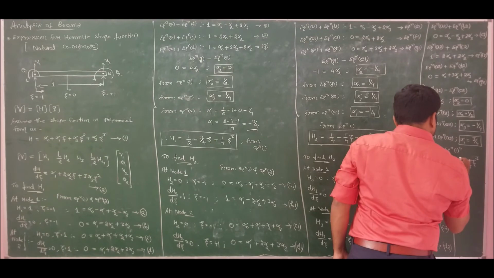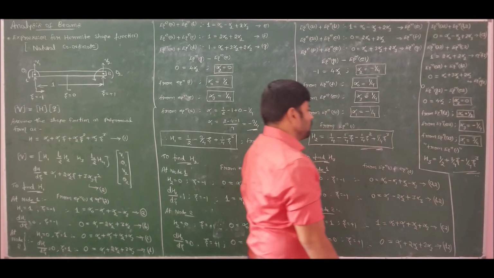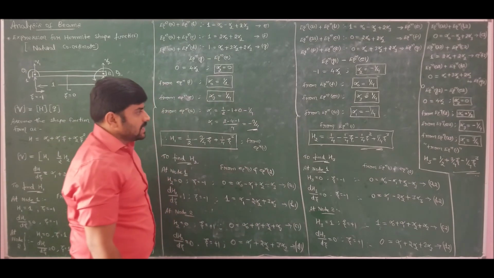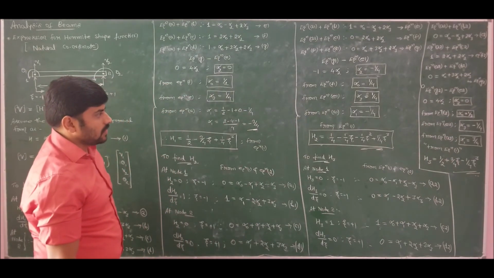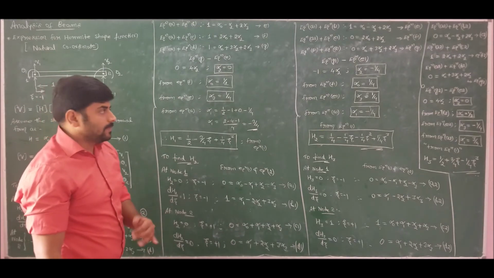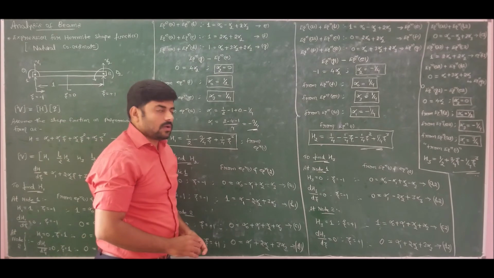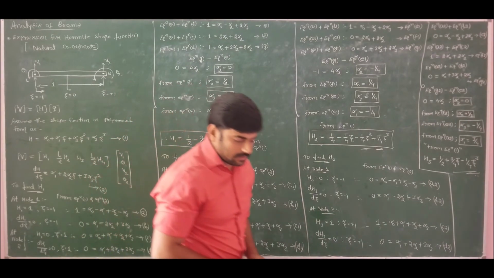So shape function h3 is 1 by 2 plus 3 by 4 zeta minus 1 by 4 zeta cube. Let me pause this video for a while so that people can copy it down. Later we will find the Hermite shape function h4 and conclude this lecture.